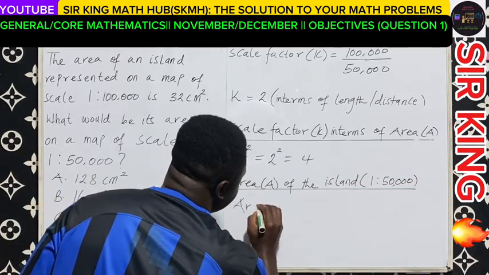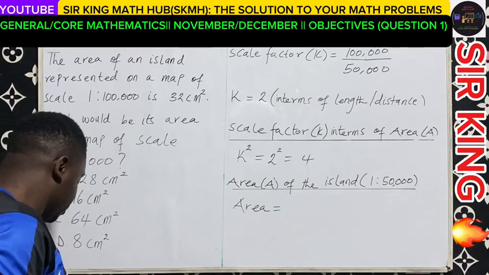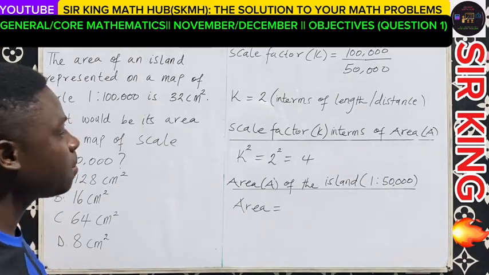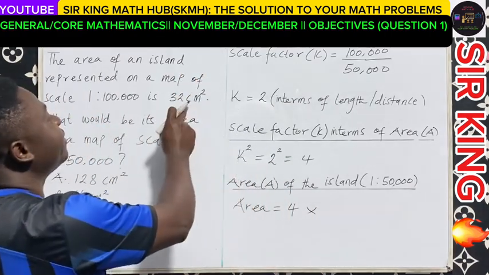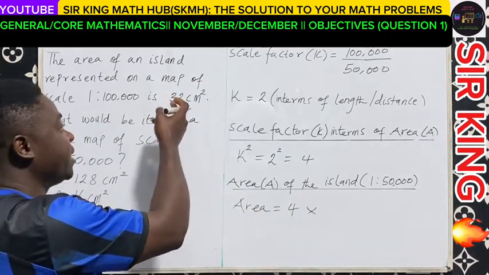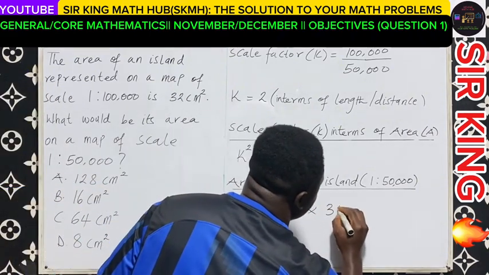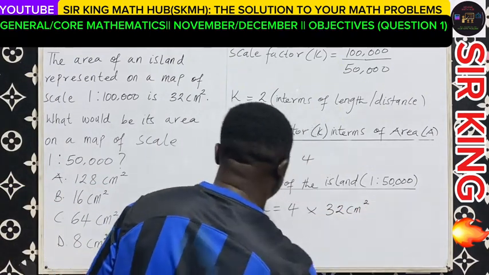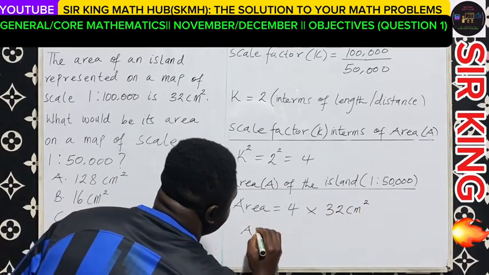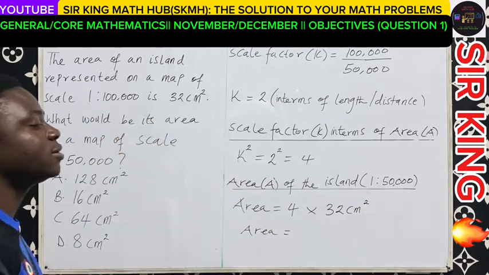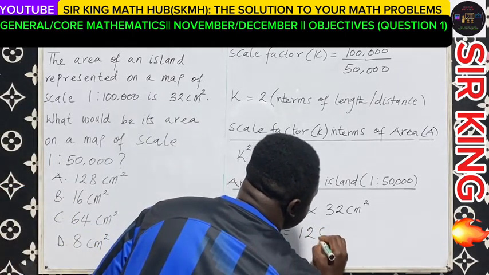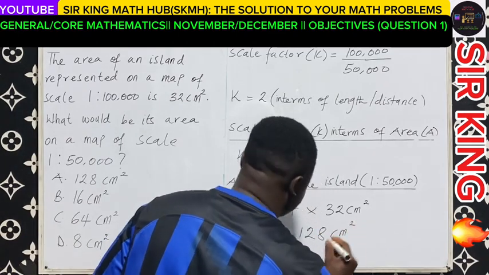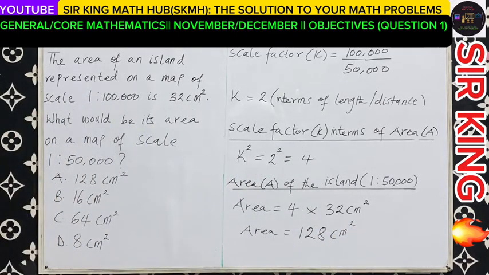The area of the island will be the scale factor, which is 4, multiplied by the area of the island measured on the first map, that is 32 centimeters squared. So area is equal to 4 times 32 centimeters squared, that is 128 centimeters squared. So we can conclude that the right answer is option A.